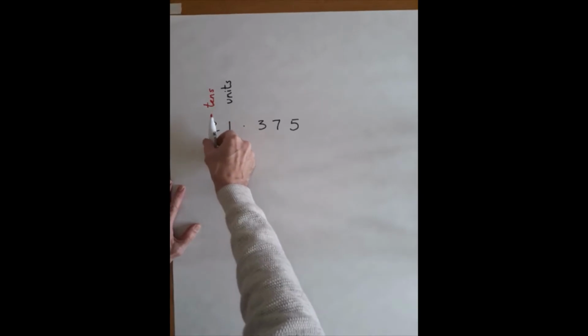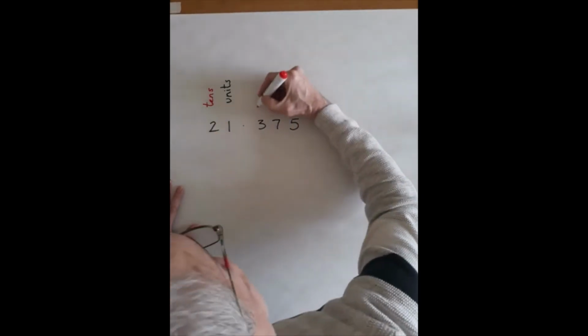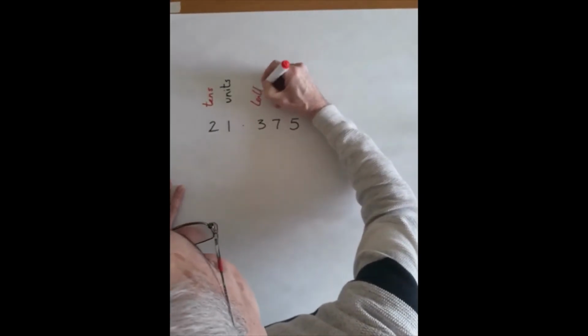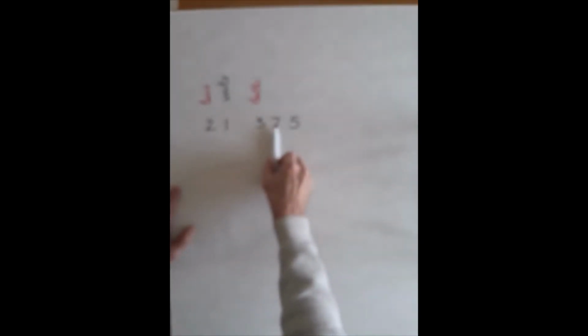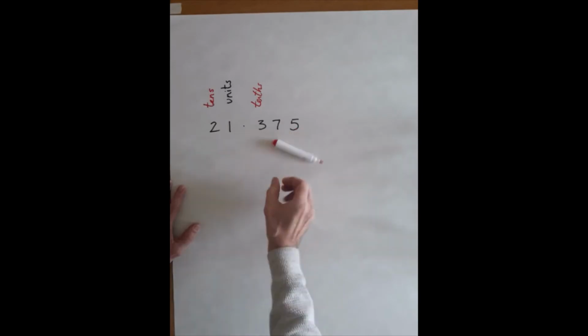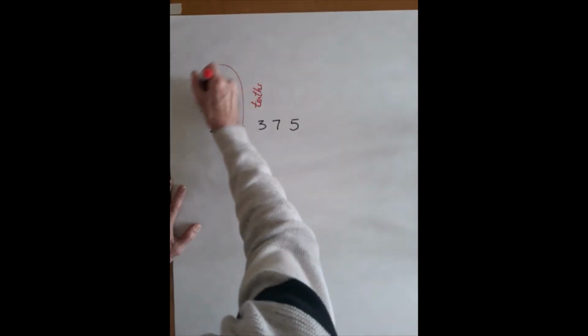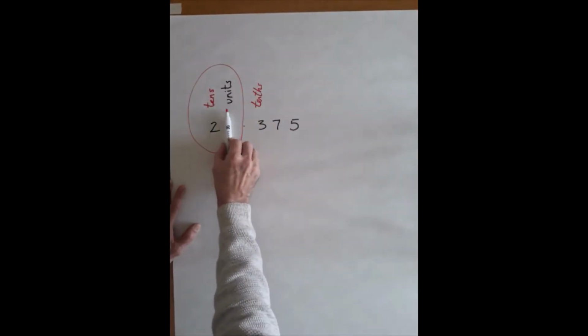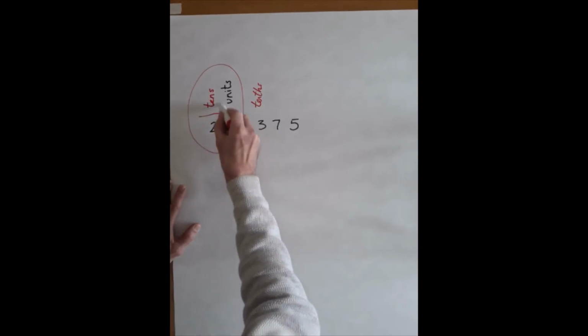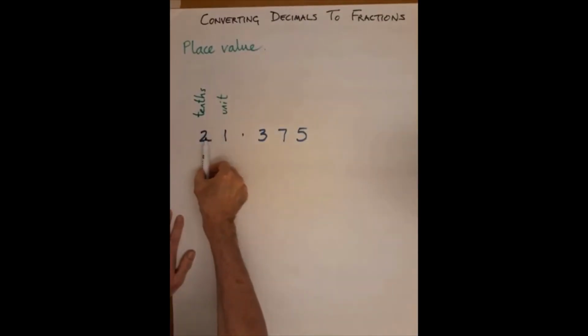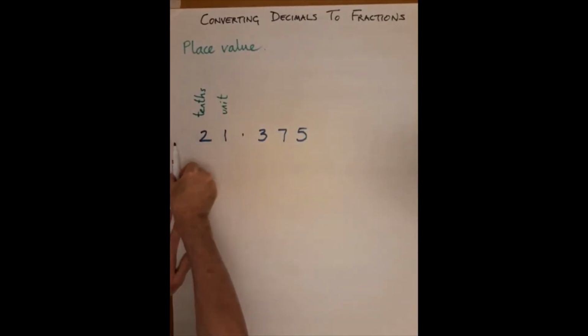I erroneously said tenths. These are tenths. Down here, tenths, hundredths, thousandths. So just back to the correction here, units and tens. That bit is correct. Apologies. So units, tens, hundreds, etc.